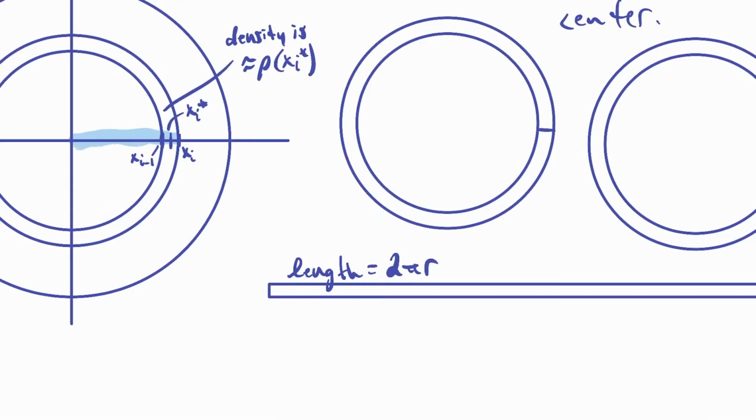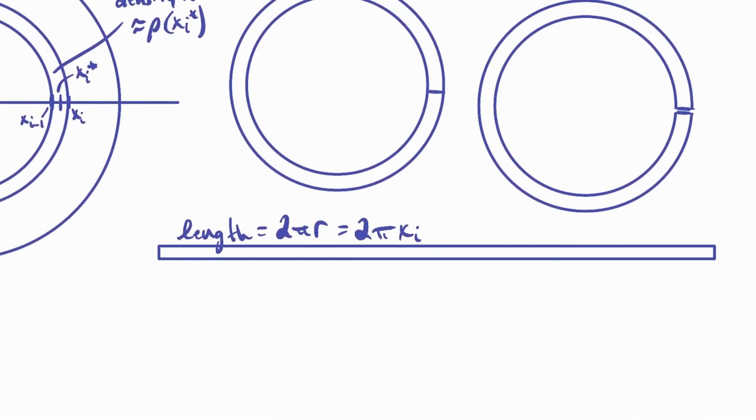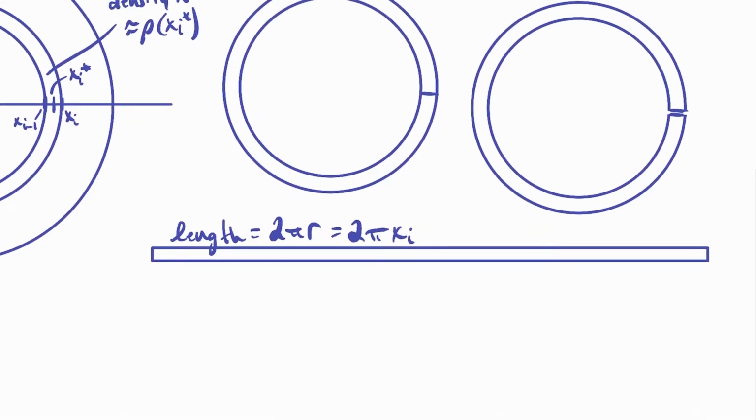Let's call that xi. So this is going to be 2 pi xi, okay? And the thickness, this is delta x, okay? That's the distance from xi to xi minus 1, okay?